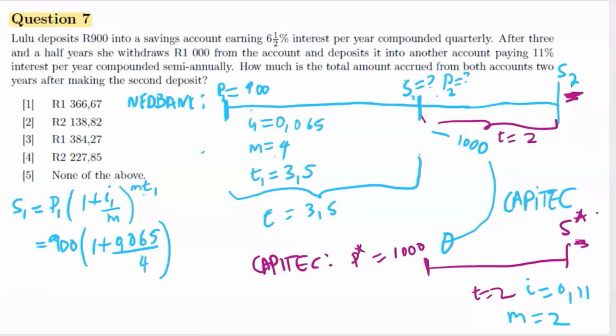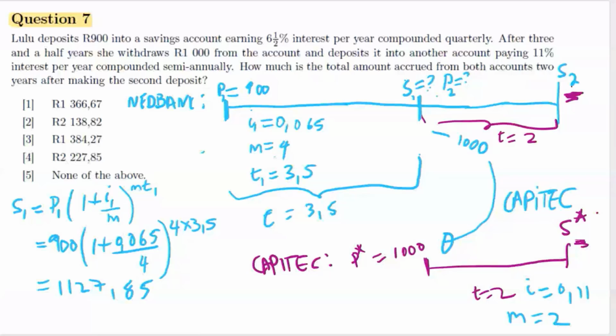And this period is running for 3.5. So this is going to be equal to 3.5. Okay. So now the amount is accumulating to 1,127.85. Okay, that's the amount here.